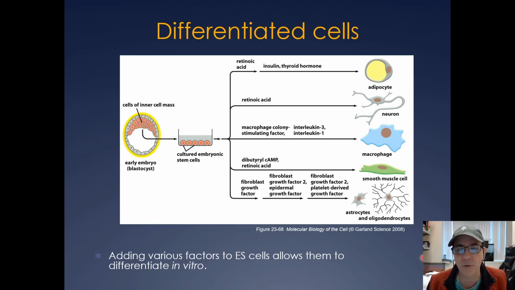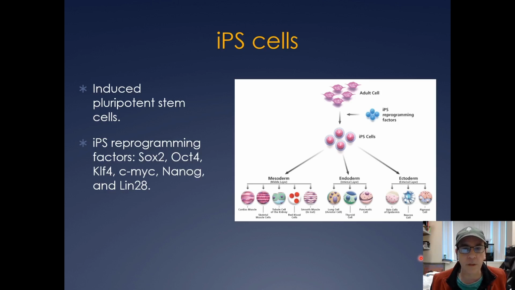And they're actually pursuing that in a lot of different areas right now in science. And one of the ways they're really progressing with this is they can make IPS cells, or induced pluripotent stem cells.